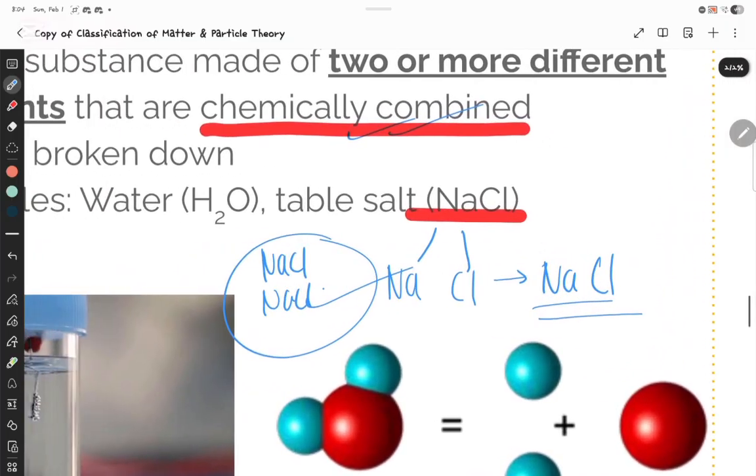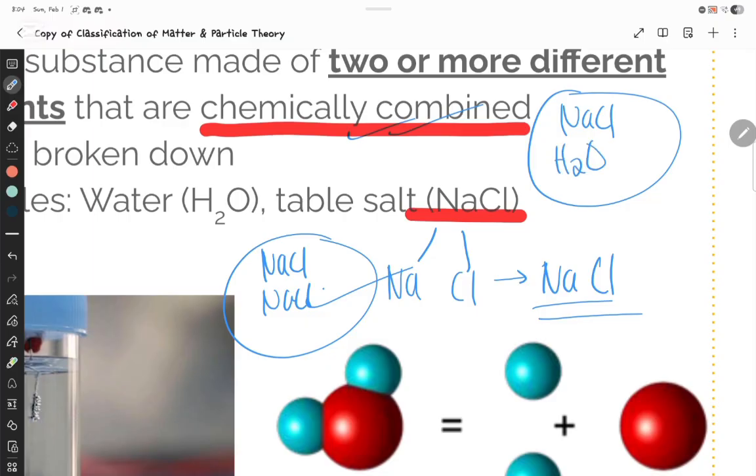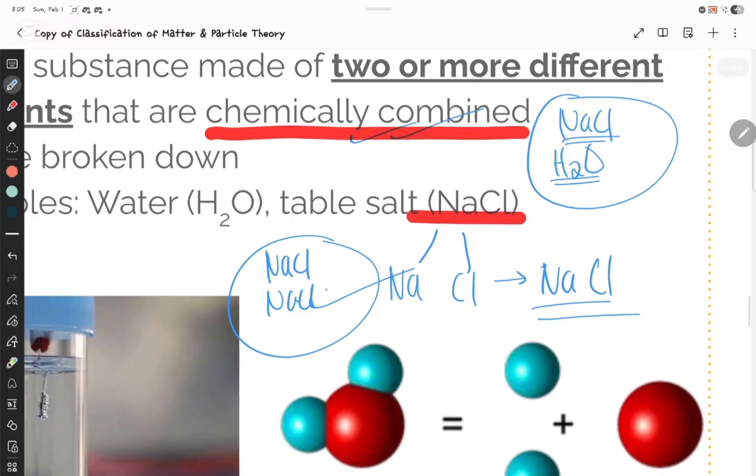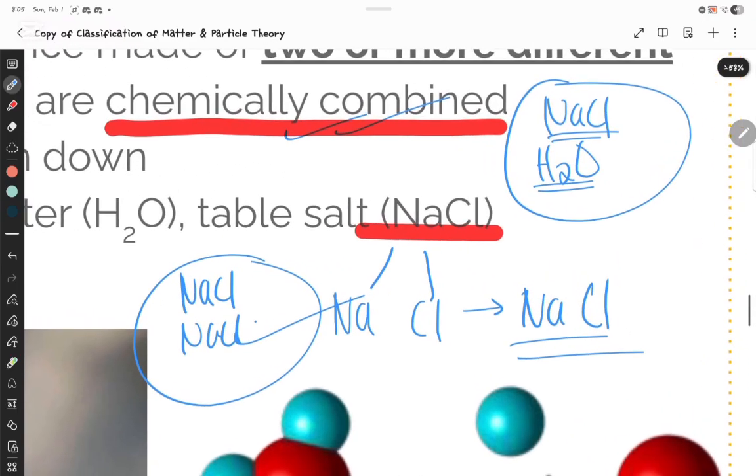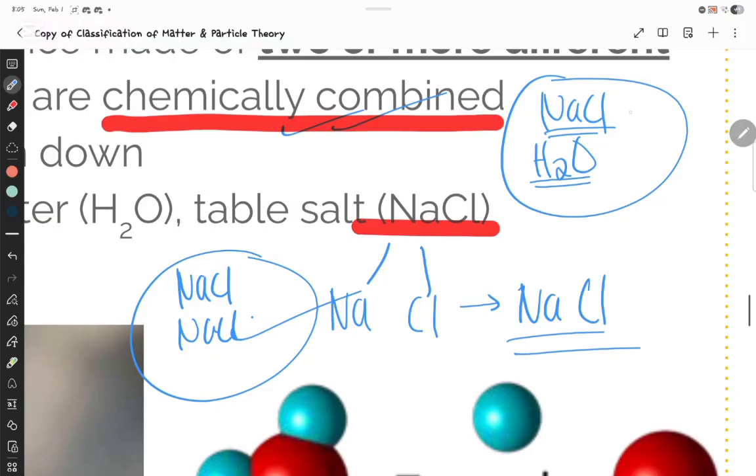But for example, let's say you have NaCl and another compound, H2O, and these two are in the same container. Each of these individually is a compound, but when you mix them together, they're not a compound anymore, because they're no longer a pure substance. Now in this one container there are two different types of particles, NaCl and H2O.